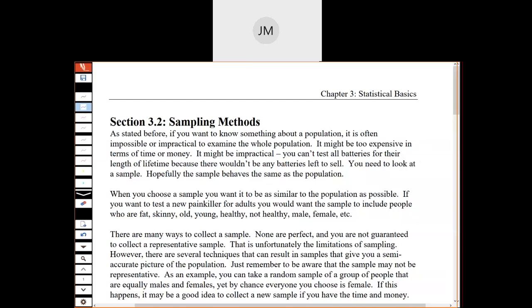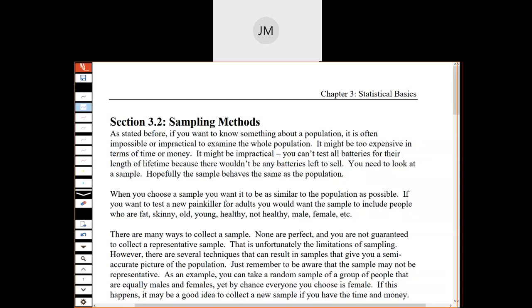Likewise, if I just pick, say, one county that either has really high or really low property taxes, again, I'm not going to get the same types of responses if everyone I ask is in this tiny geographical area that I would if I talked to everyone in the whole state. So we want to make sure that our population is represented well.